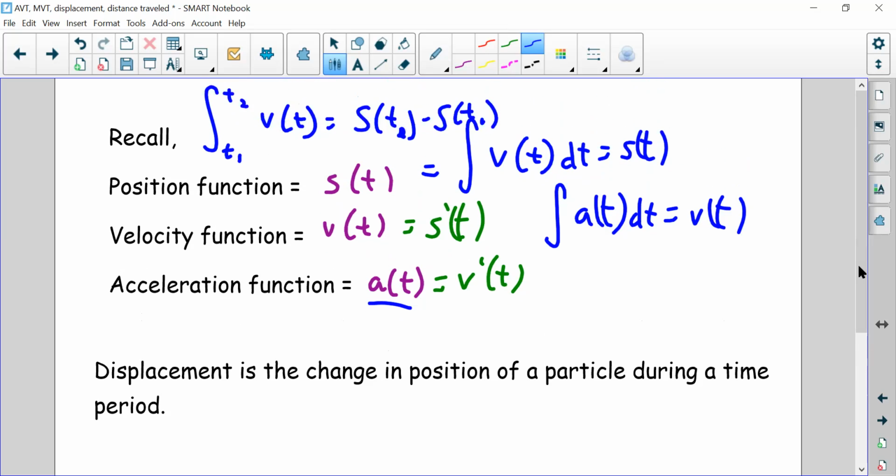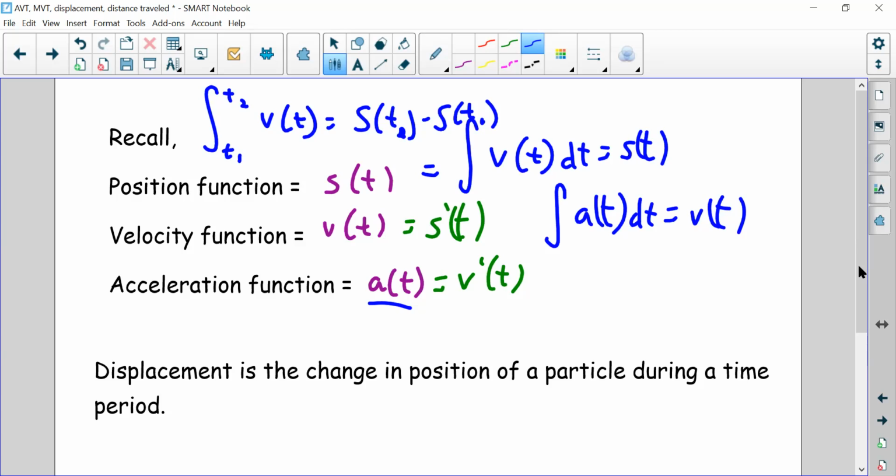Right now we're just looking at motion along a straight line. So I'm just going to draw a straight line. Let's say I'm pacing in front of the class. I start here, at t equals 1, I am here. I go over, stop, answer a question, come back. Alex has a question, answer a question, come back over here.